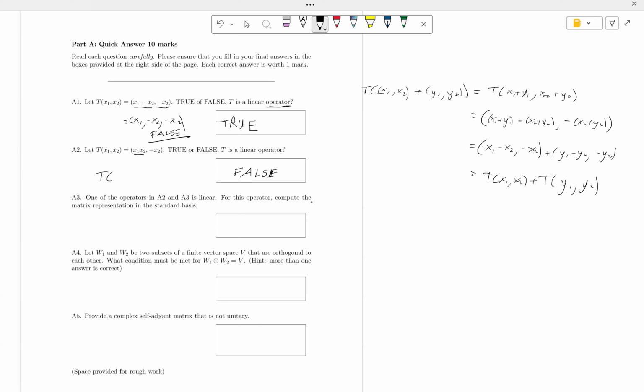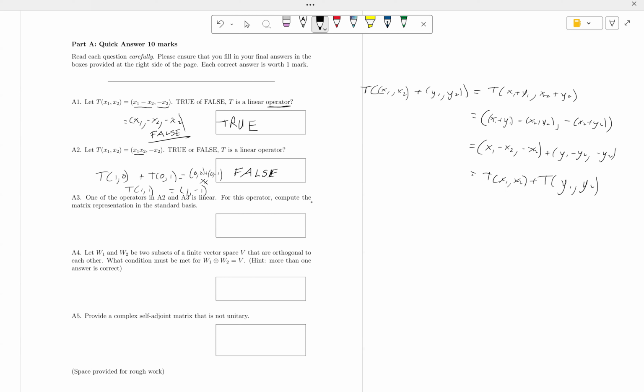I'm thinking T of (1, 0) plus T of (0, 1) compared to T of (1, 1). This equals (0, 0) plus (0, minus 1), whereas this equals (1, minus 1). And those are not equal to each other. Remember, with a counterexample, be specific.